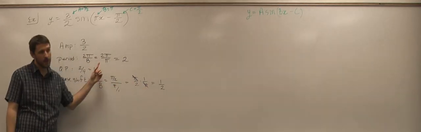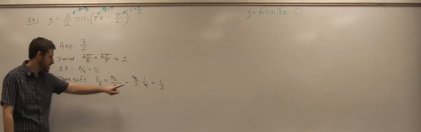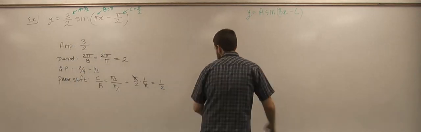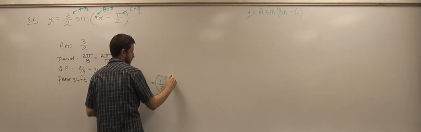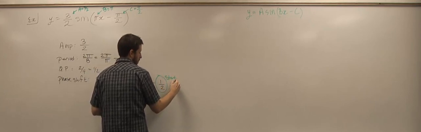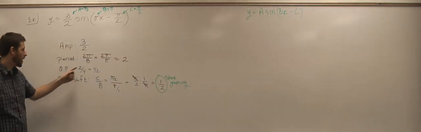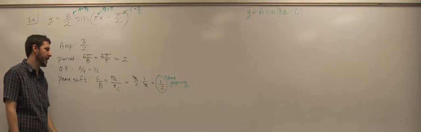They happen to be equal, but they will not always be equal. This and this tell you something different. The 1/2 for the phase shift tells you that's where you want to start graphing. The 1/2 on the quarter period tells you how far you go to get all your important x values.